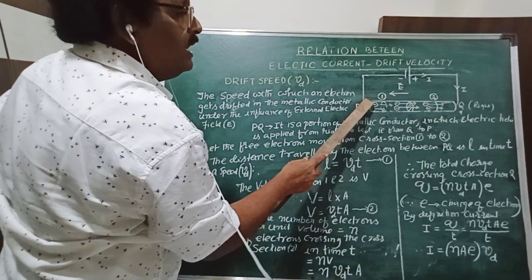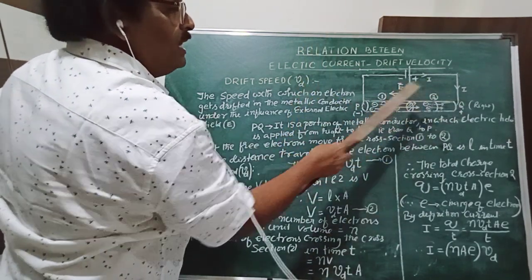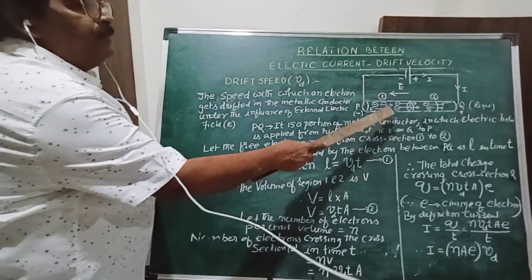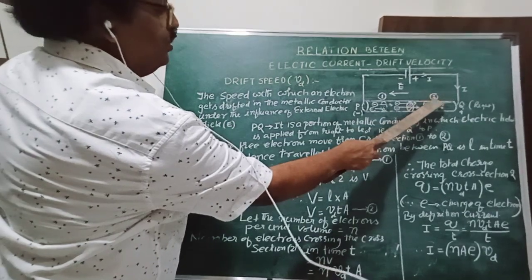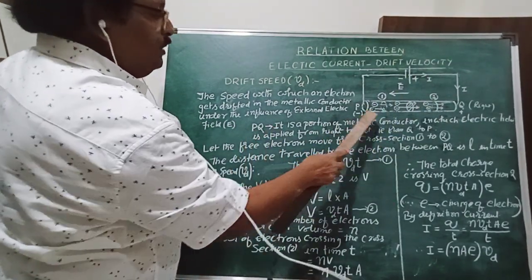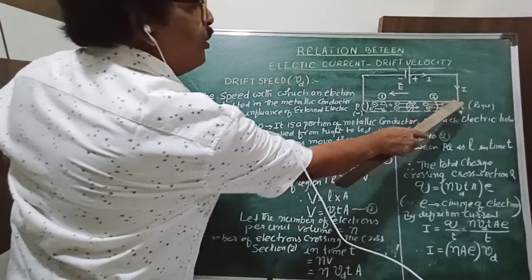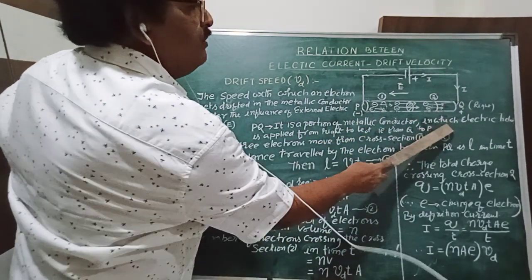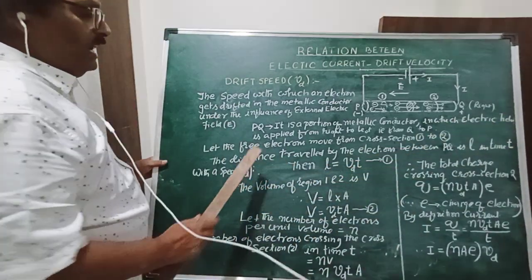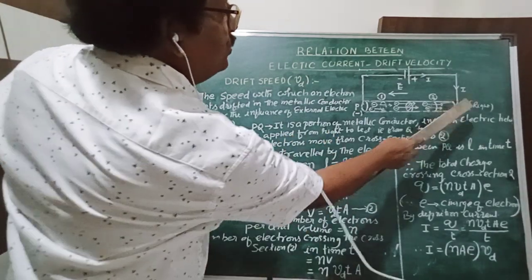The conventional direction of the current and the electric field direction are one and the same between the cross sections 1 and 2. So, I just wanted to consider PQ. PQ is a portion of a metallic conductor in which the electric field is applied from right to left.